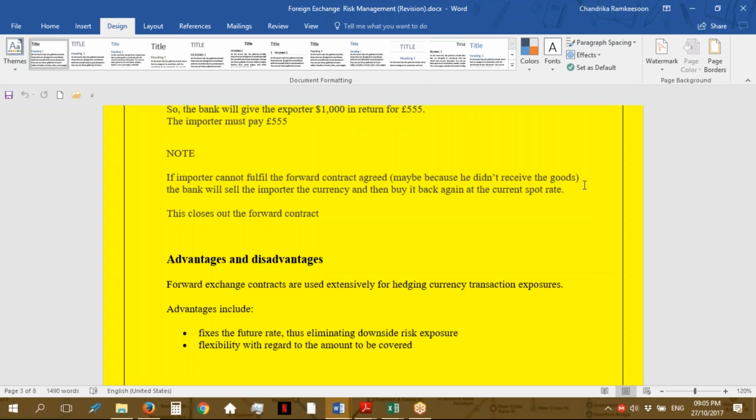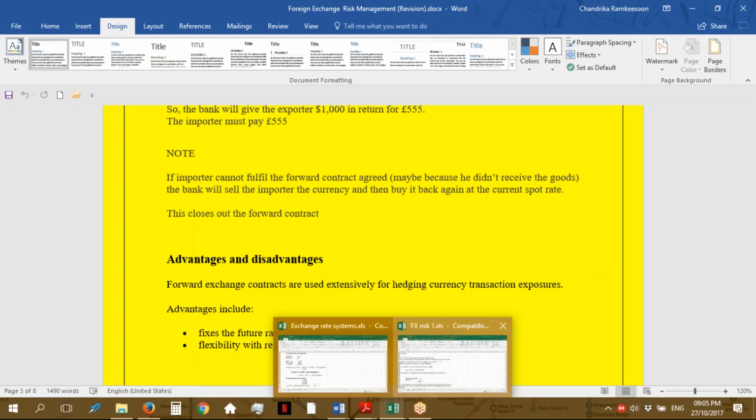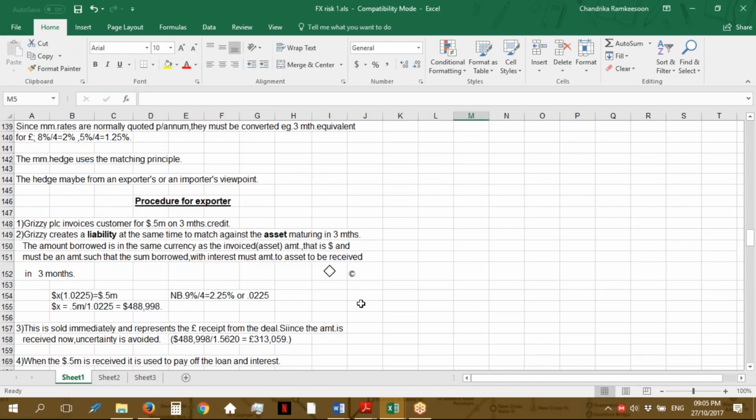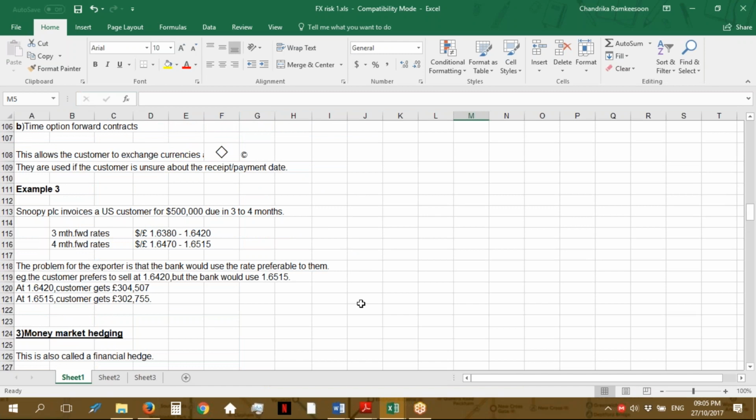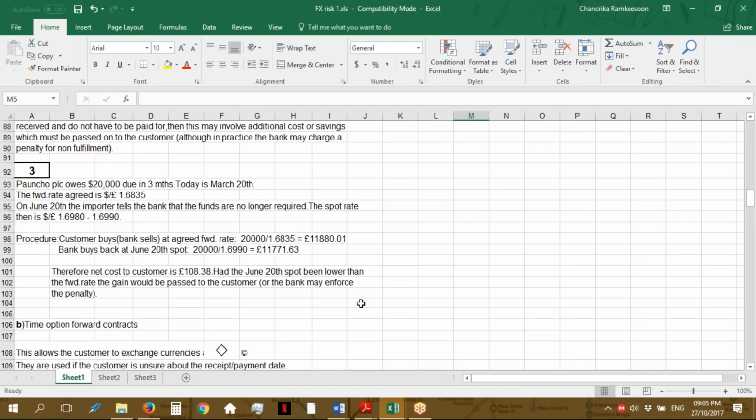Now, by the way, let me just show you something. Just bear with me a sec. When you read through this handout, you will see with this example where the firm which was hedging no longer needs to close out the transaction, because in this case the funds were no longer required.